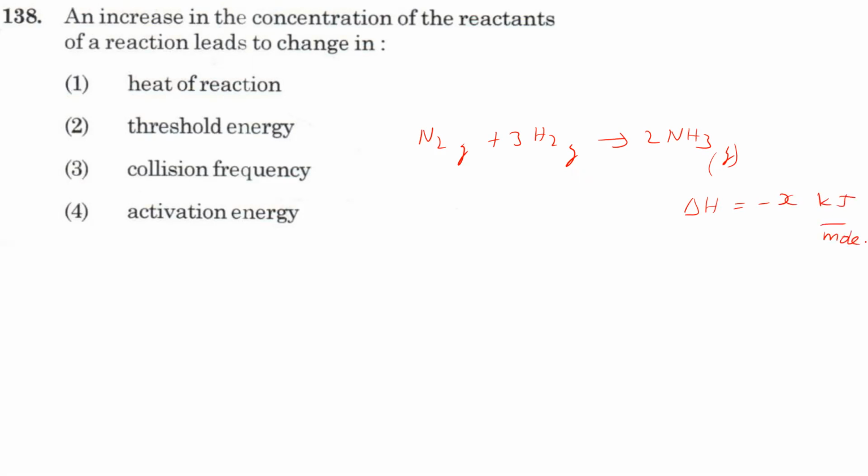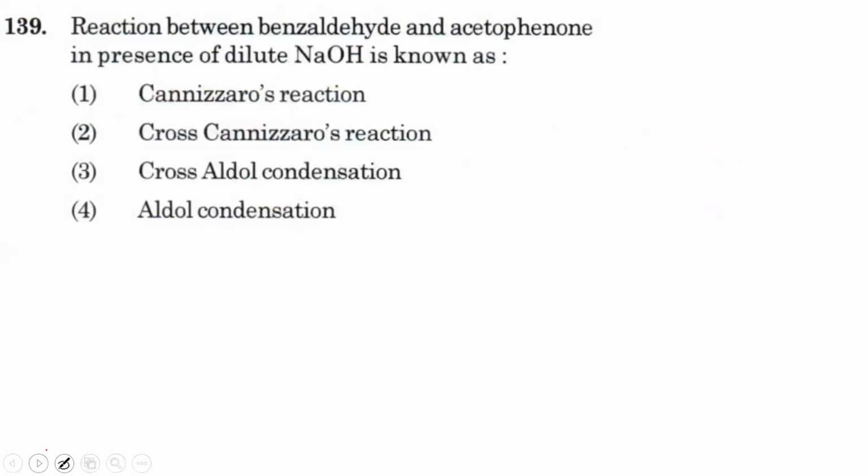So 1 mole of N2 reacts with 3 moles of H2 to give 2 moles of NH3, while x kilojoule of energy is released. Suppose 2 moles of N2 react, then we will get -2x kilojoule. If 3 moles of N2 reacted completely, then we will get -3x kilojoule. Therefore, on increasing the concentration of reactants, what will happen? The heat of reaction changes. The heat of reaction is called delta H. Delta H is called the enthalpy of reaction, we can say.